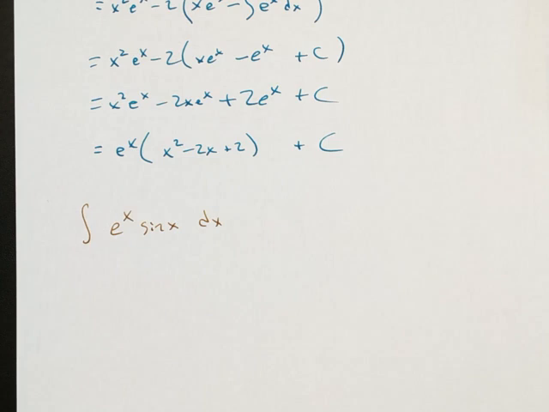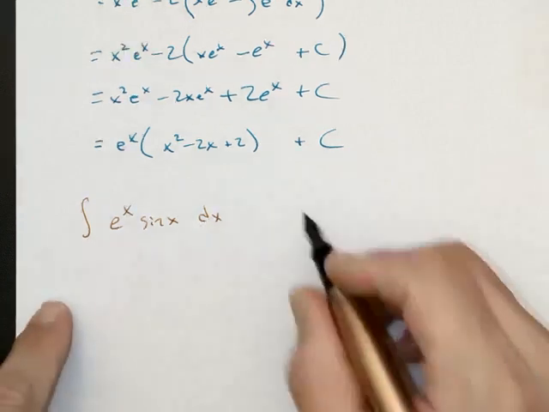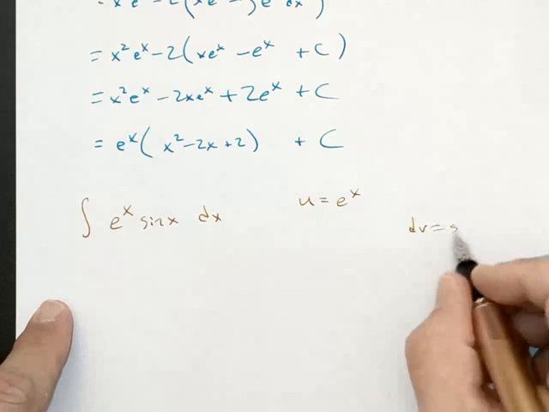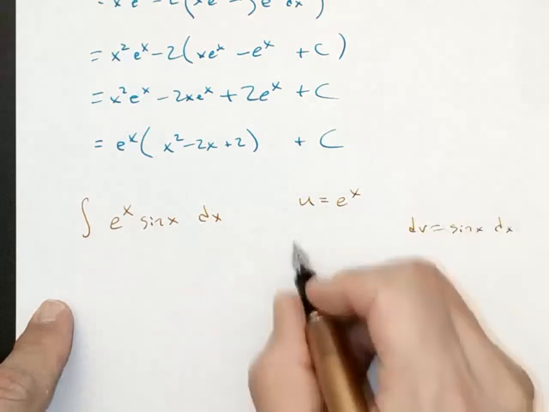According to my mnemonic, what should I make my choice of u here? The exponential. Exponentials come before trig. So I'm going to let u equal e to the x and dv equals sine x dx.